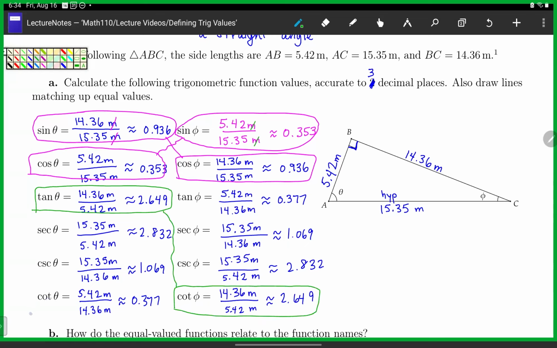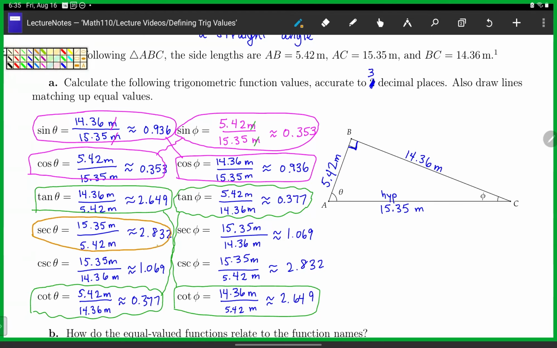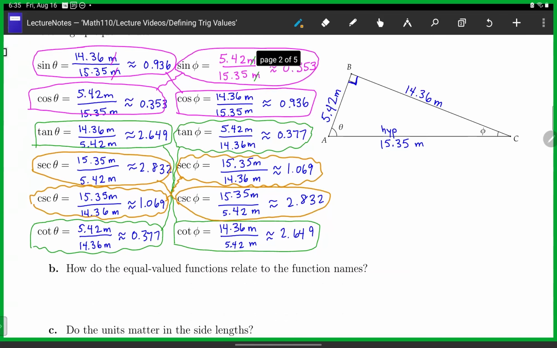And the cotangent of theta is the same as the tangent of phi. And we have the secant of theta is the same as the cosecant of phi. And the cosecant of theta is equal to the secant of phi.